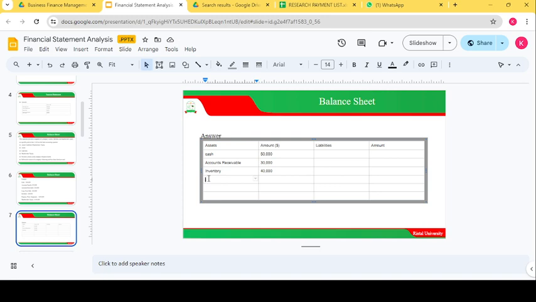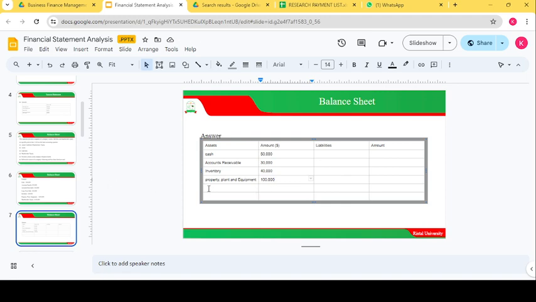And then we have property, plant and equipment, which is 100,000.